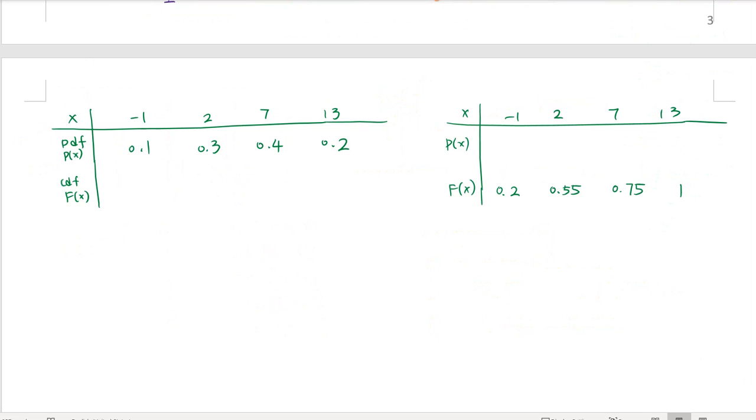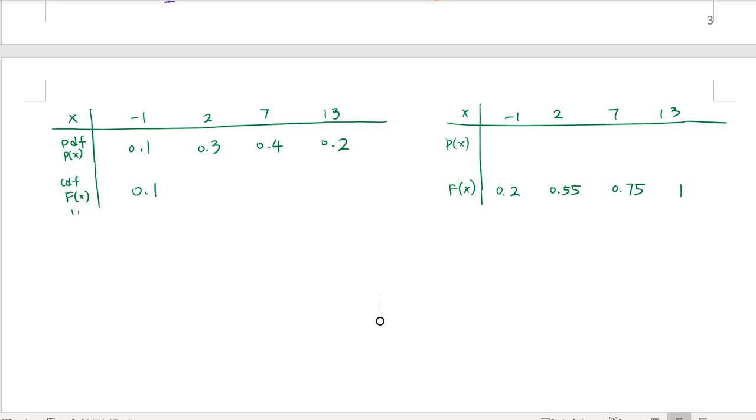Here I just created two chart tables. Let's fill them out. In the first table, we know the PMF values and we want to find the CDF values. The first one, because P of -1 is 0.1, the CDF F of -1 will be 0.1.